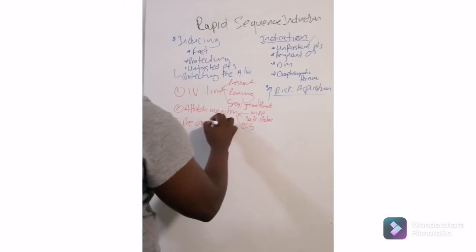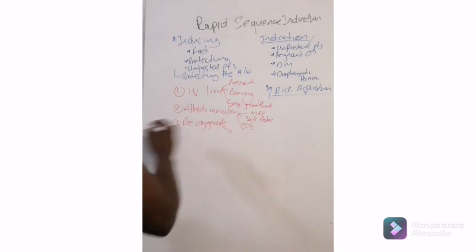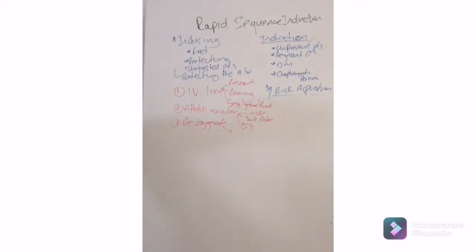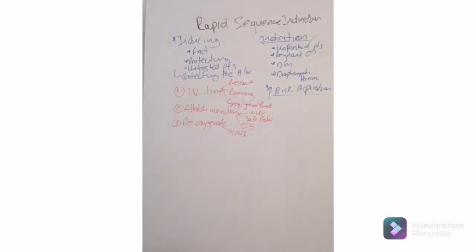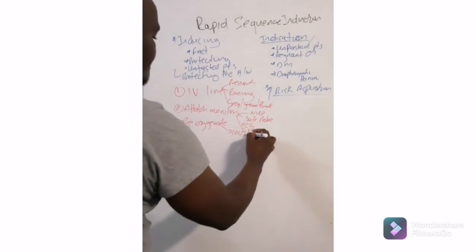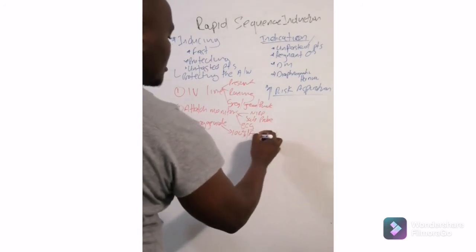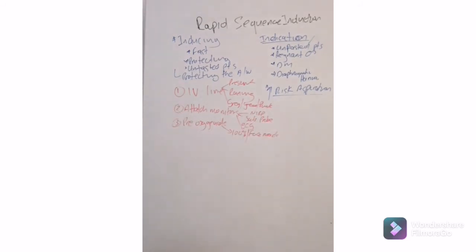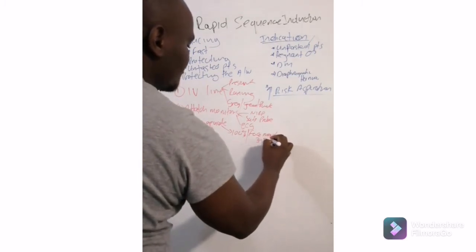Pre-oxygenate the patient. Pre-oxygenation is you give a patient 100% oxygen via a face mask. You do that for, in some books, say 3 to 5 minutes.